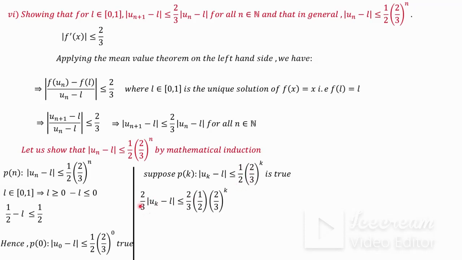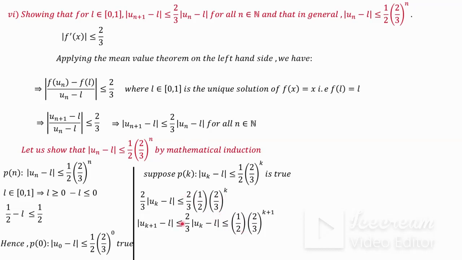From which we can clearly see that we proved this in the first place. That is, the absolute value of u_{n+1} minus L is less than or equal to 2/3 times the absolute value of u_k minus L, which is less than or equal to 2/3 times a half times 2/3 raised to the power k.